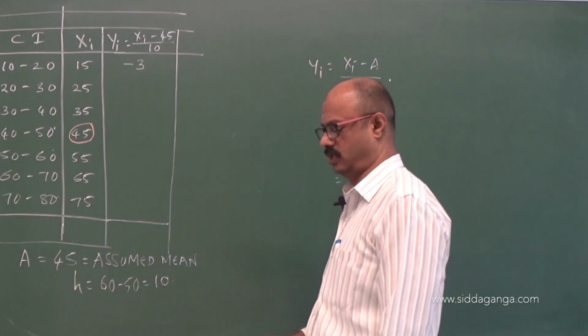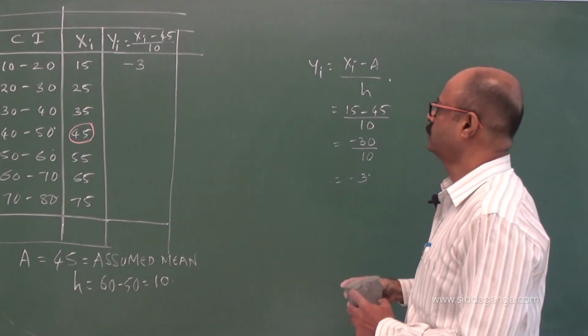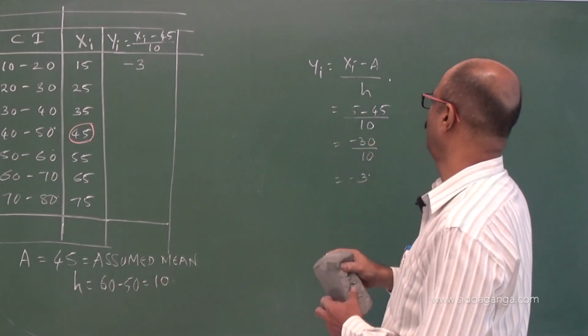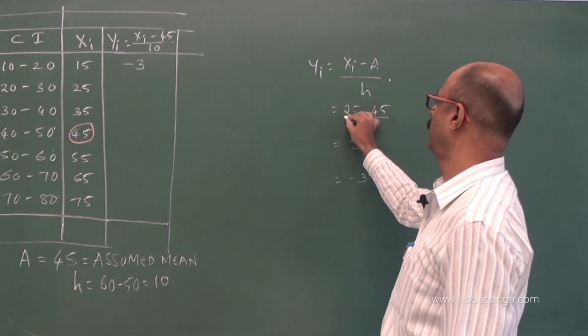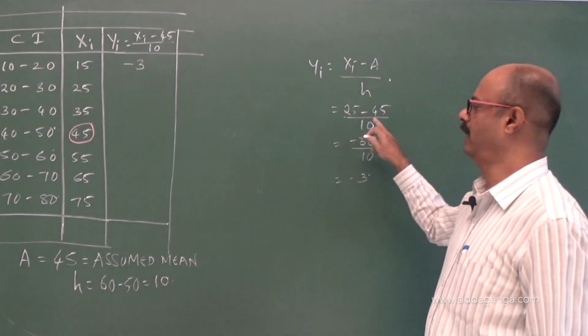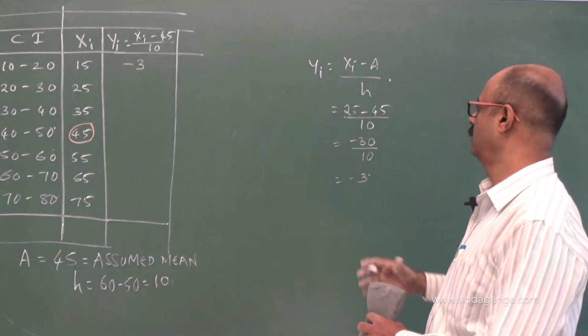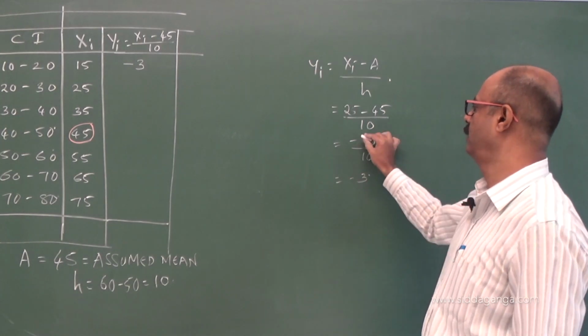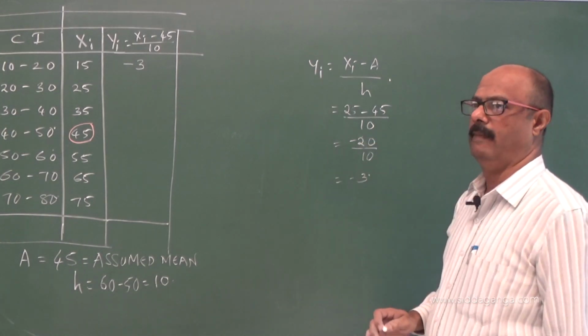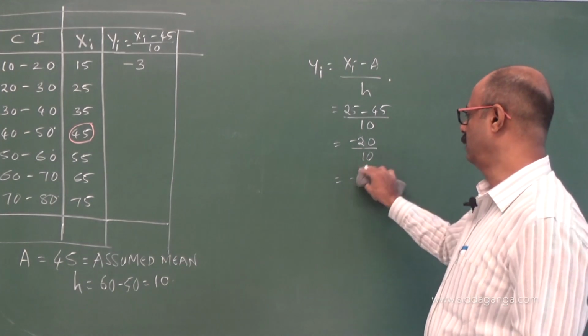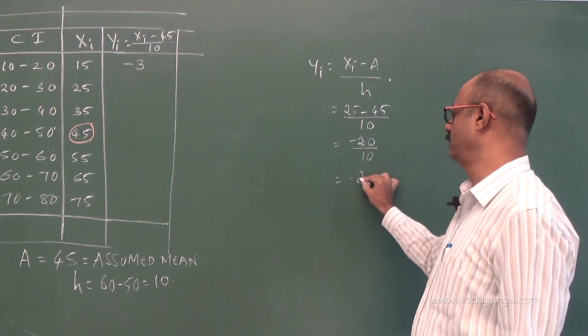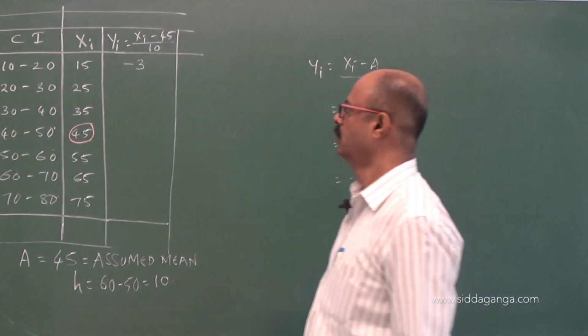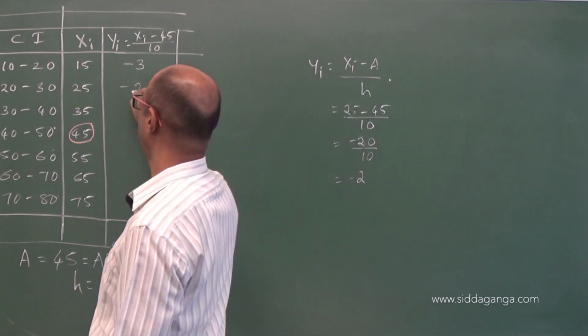Yi is minus 3. Next, xi value is 25. 25 minus 45, if you subtract, you will get minus 20. Minus 20 divided by 10, you will get minus 2, like this. So the second value is minus 2.